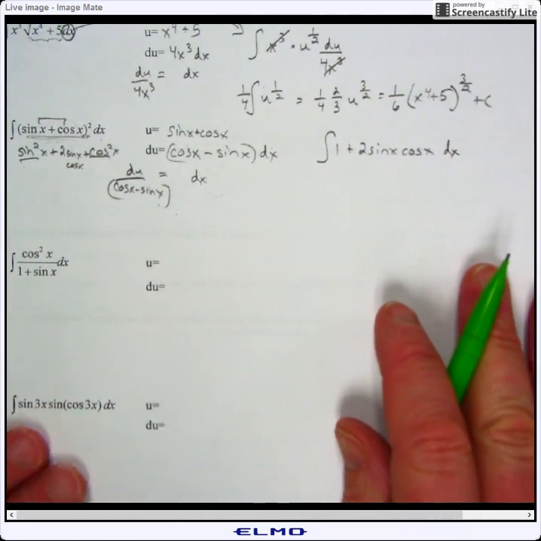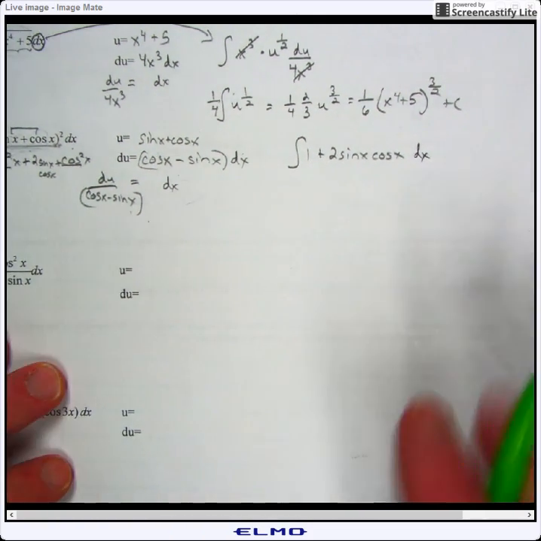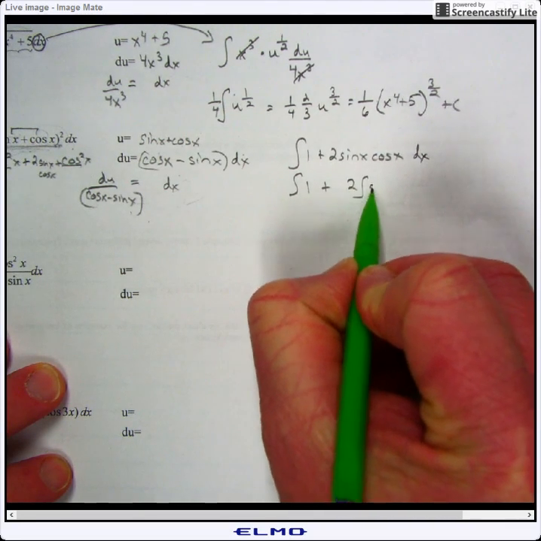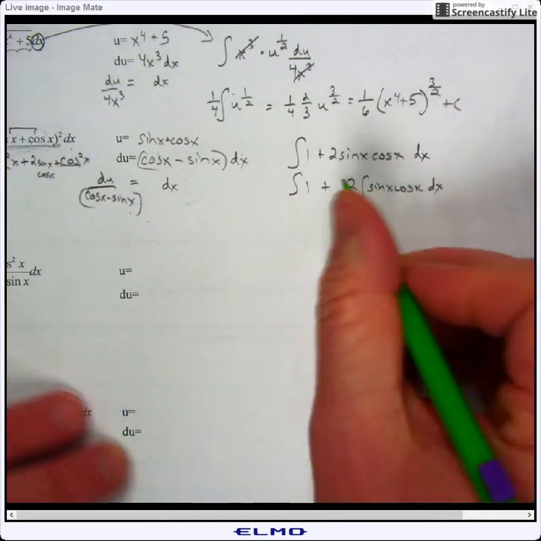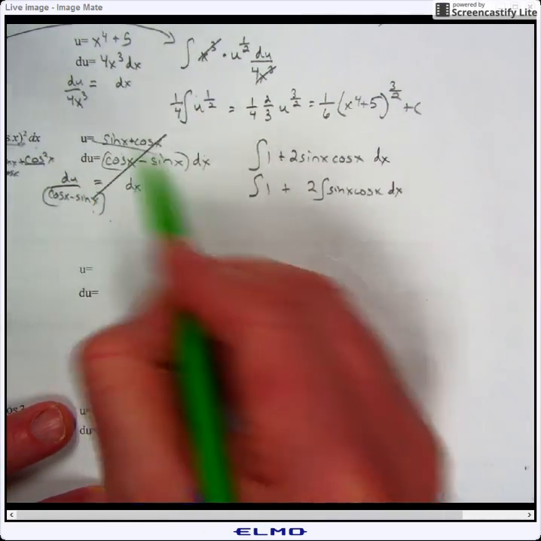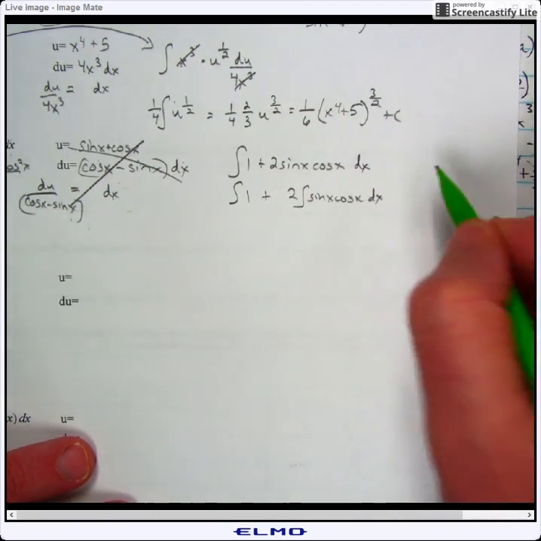Now we can think about substitution. And I'm going to split this up into two integrals. So the integral of 1 plus the integral of 2 sine x cosine x. The nice thing about sine and cosine is that our u could be either one because they're derivatives of each other.